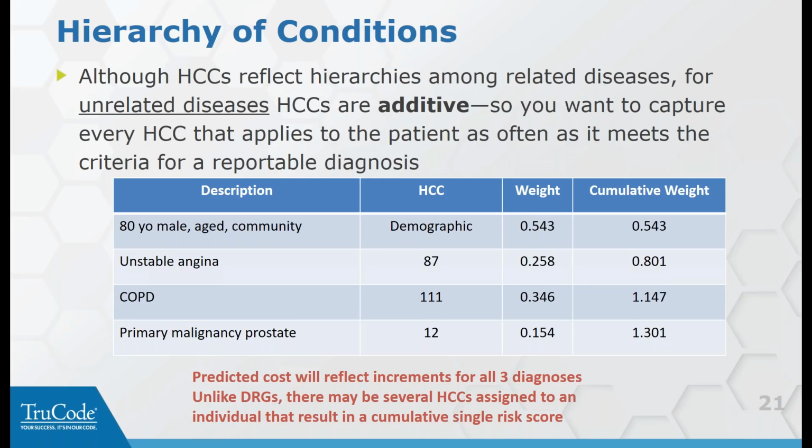You can see how in this particular case, these are all unrelated conditions, but you have a weight for each one of them, and then a cumulative weight as they add together so that your ultimate risk factor score is 1.301. This is unlike the DRGs, where you don't get credit for a whole lot of those different conditions that affect the severity of that patient's illness.